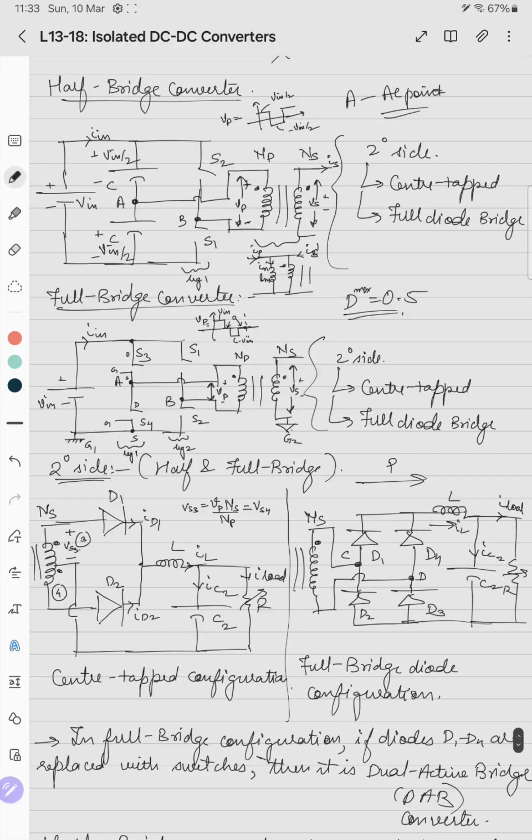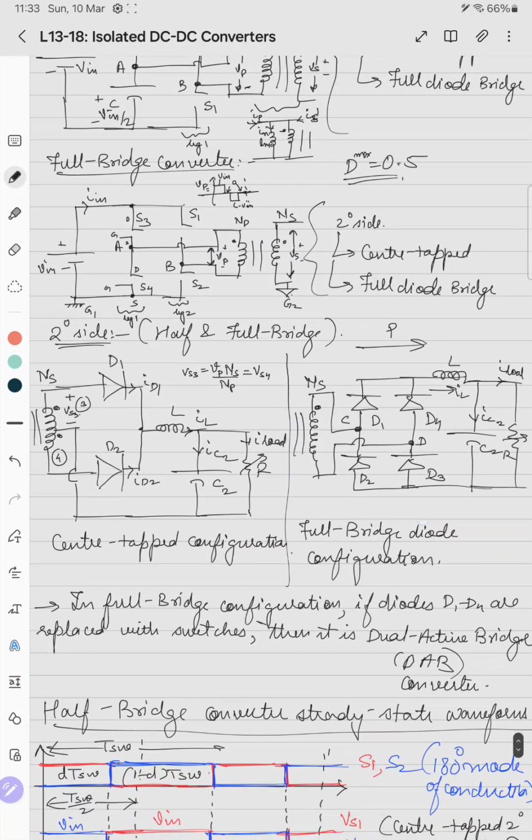My convention is that when S1 is on, Vp is plus V in by 2, and when S2 is on, it is negative V in by 2. So when it is negative, a negative voltage is induced across it. So the dot is at the negative, so D2 will be forward biased. In that case, the dot will be negative and the other end will be positive.